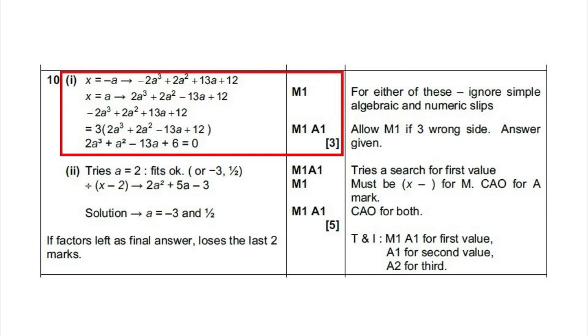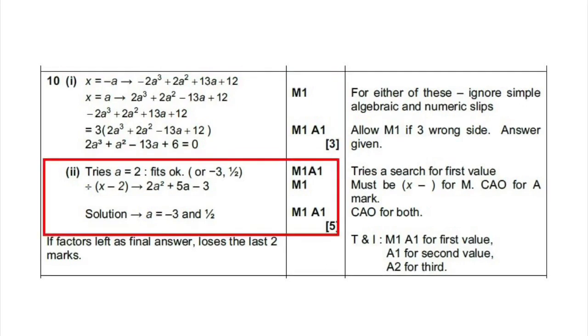Giving the final step that shows 2a cubed plus a squared minus 13a plus 6 is equal to 0 will give another mark, equivalent to 3 marks.